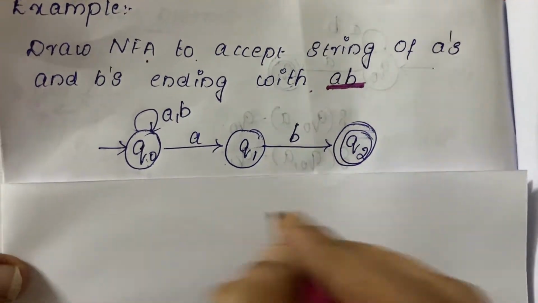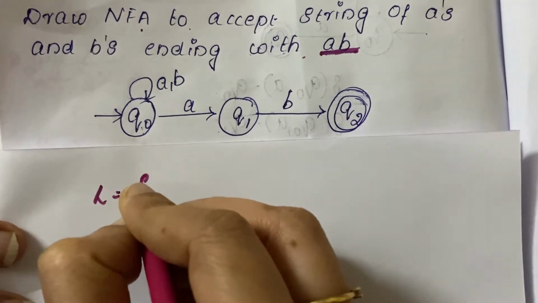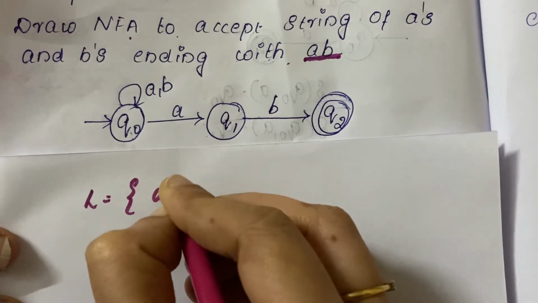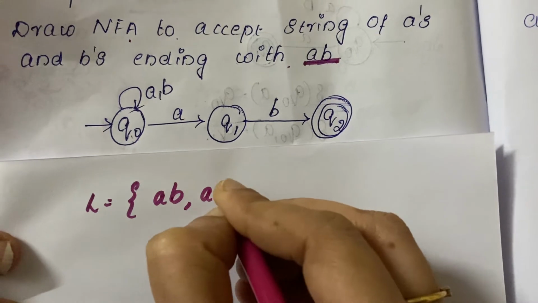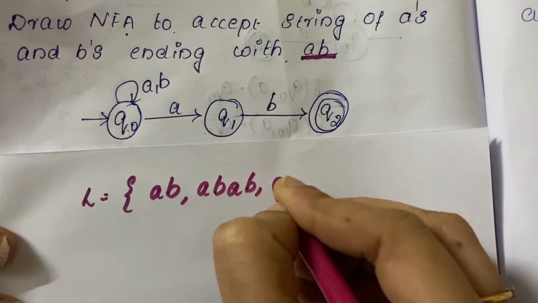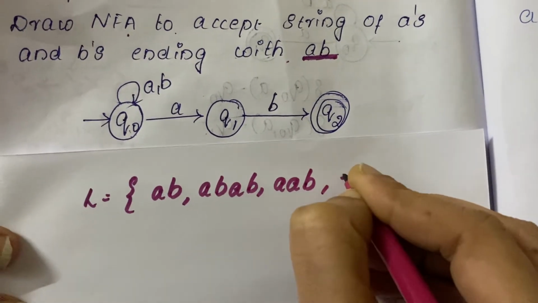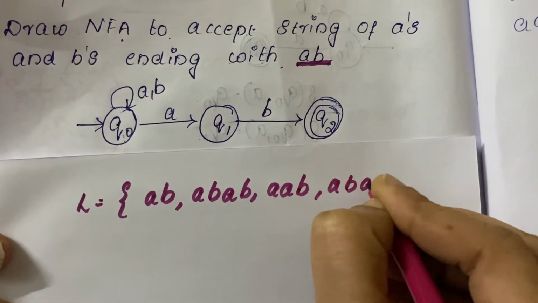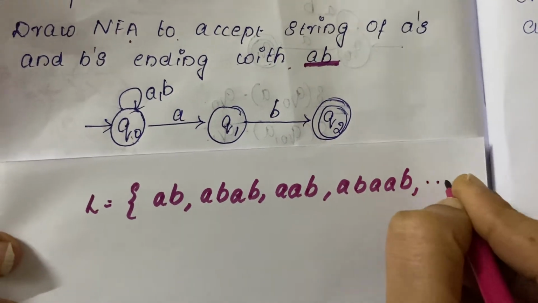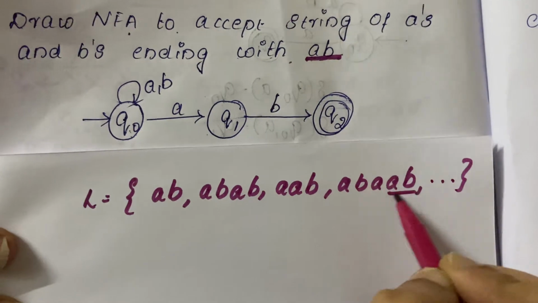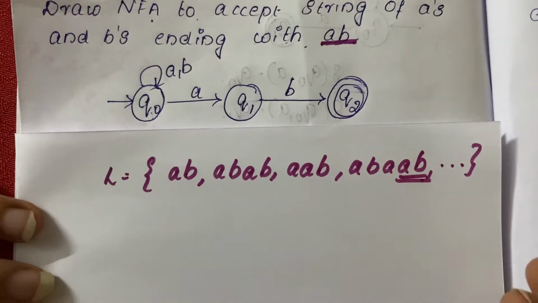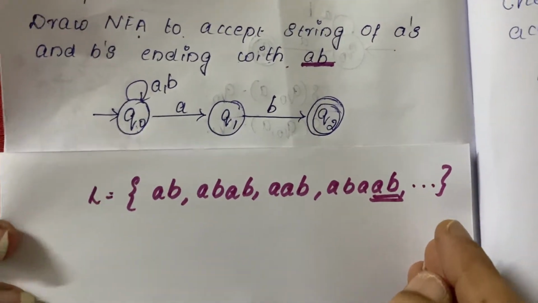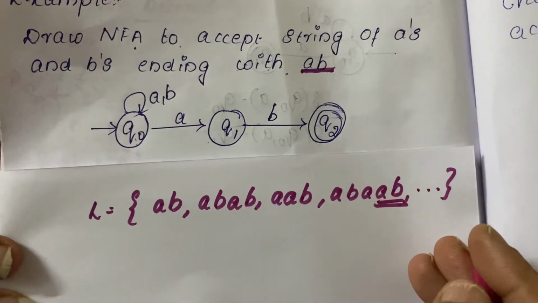For example ABAB, ABABAB, a lot of strings, all those strings which end with AB. That is the main concept. All the strings that end with AB must be accepted by this NFA.